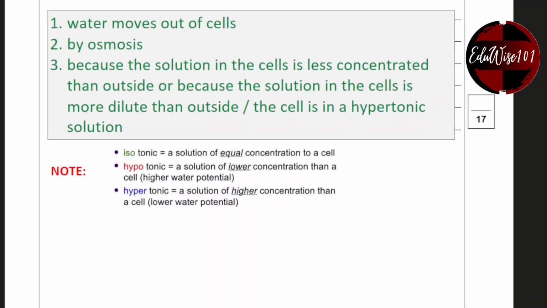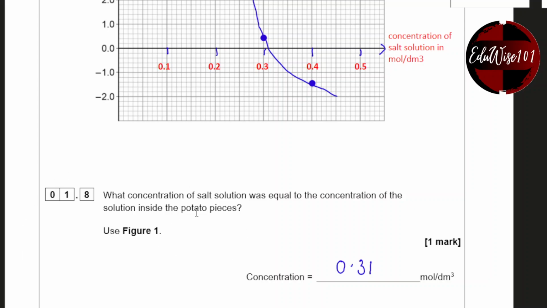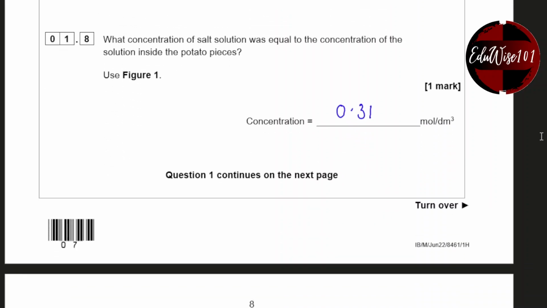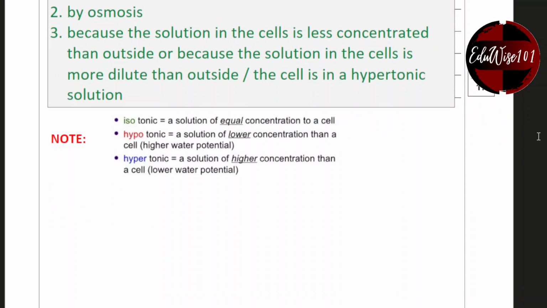So our answer to this point, this 1.8, the isotonic solution is at 0.31 mole per dm cube. That's when the net change is 0. Hypotonic is a solution of lower concentration than the cell's concentration. And hypertonic is when it's in a higher concentration solution.